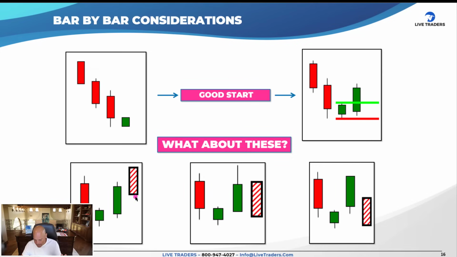Now again, to caveat, assuming the market is not doing anything unusual, assuming the market doesn't have a 2% down day, assuming the market's just having a regular day, and you see the stock gap up, which is good, but then completely rolls over. What's the thought process here?